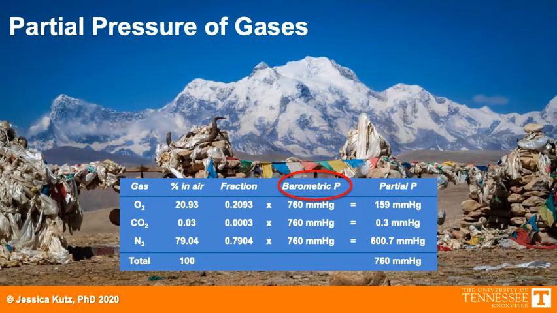Now, when we're concerned with partial pressures, we're often concerned with what the partial pressure is at a given elevation. If you're on Earth and you're at sea level, that corresponds to our barometric pressure of 760 millimeters of mercury. And barometric pressure is just another way to say the atmospheric pressure.